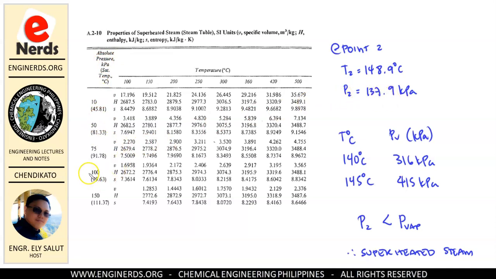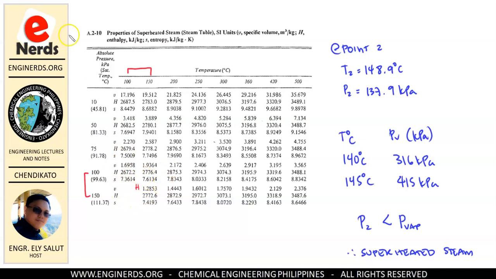So, it will be between here. And for the temperature naman, we have 148.9 degrees Celsius, which means it is between here, 100 and 150. Okay? So that means our enthalpy that we will be considering should be somewhere here. Okay? In between here.